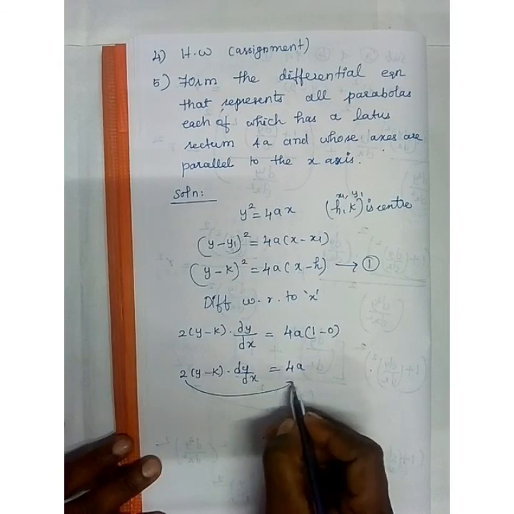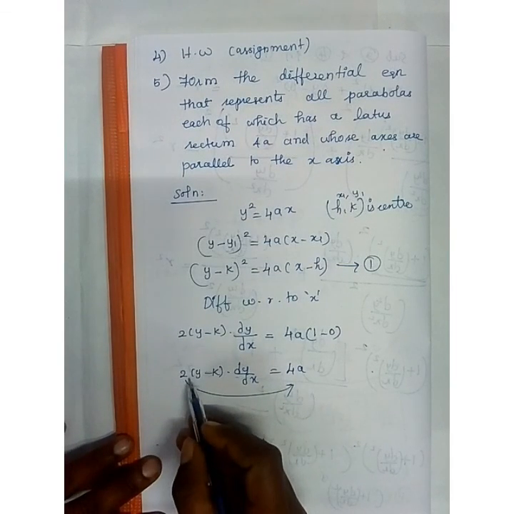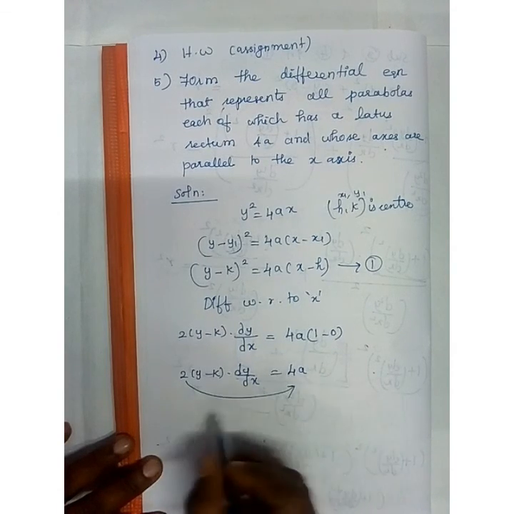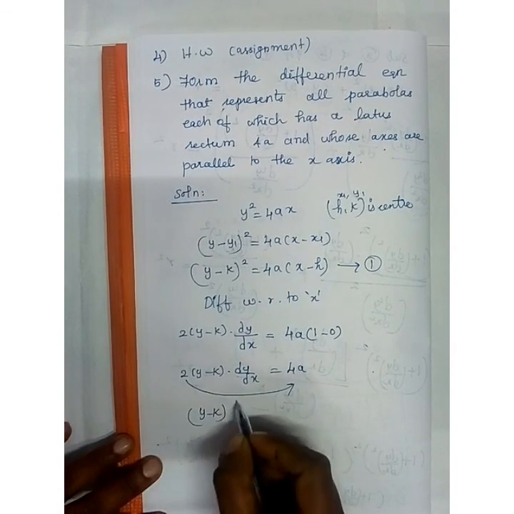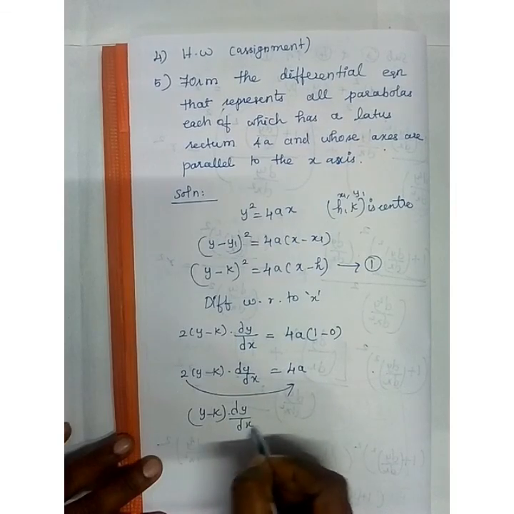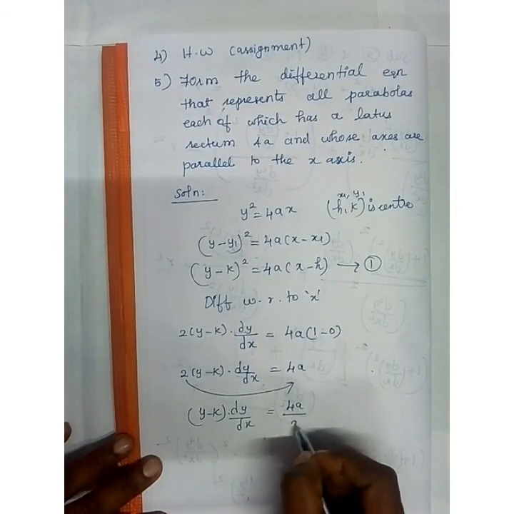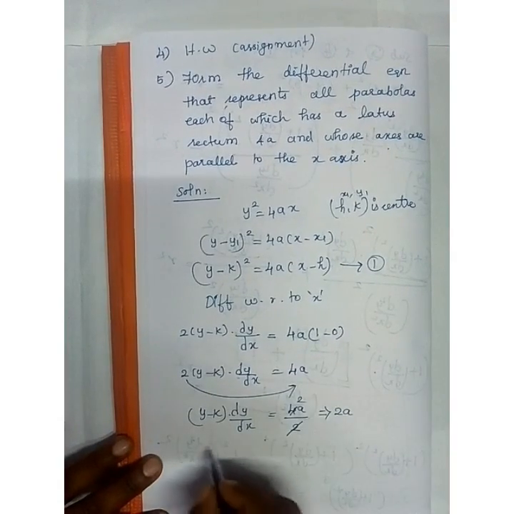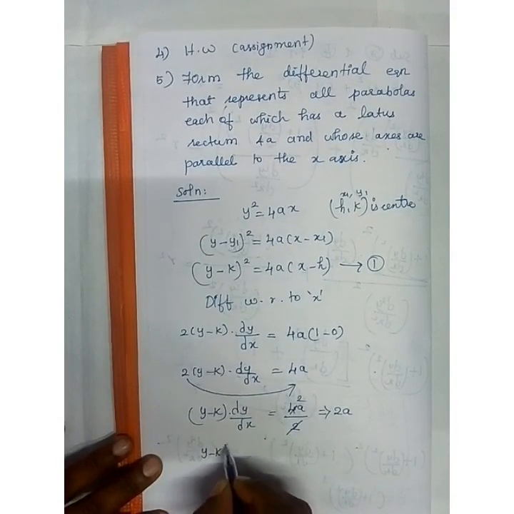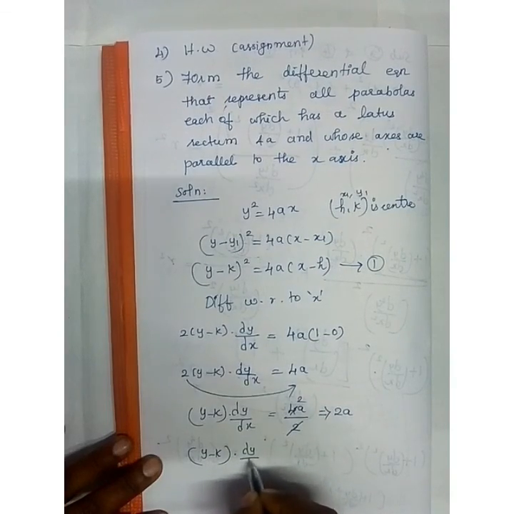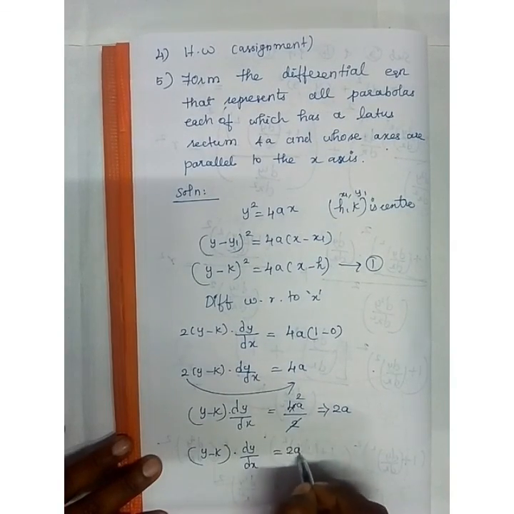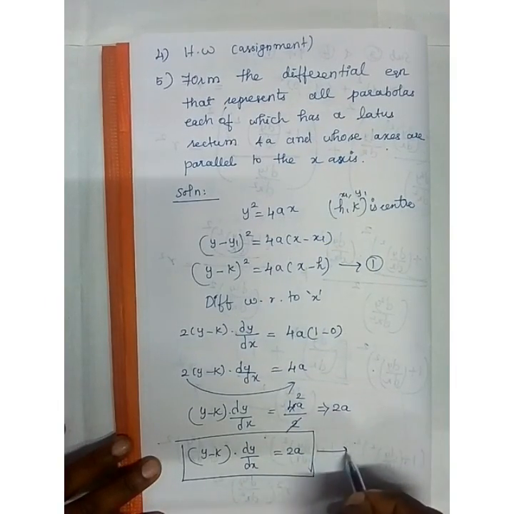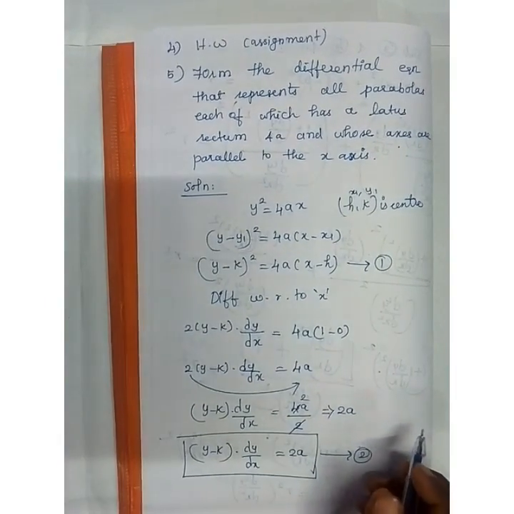Now I can bring this 2 to the right side. It is in multiplication, so when it comes to this side, it becomes division. So (y minus k) into dy/dx is equal to 4a divided by 2. If I cancel, I will get 2a. So the final equation is (y minus k) into dy/dx is equal to 2a. This is our equation number 2. Keep it as equation number 2.